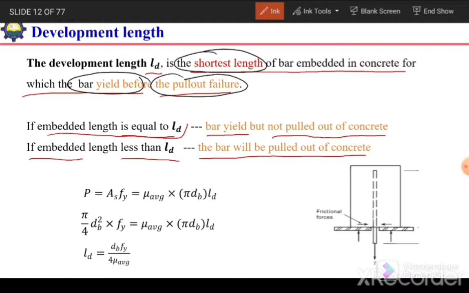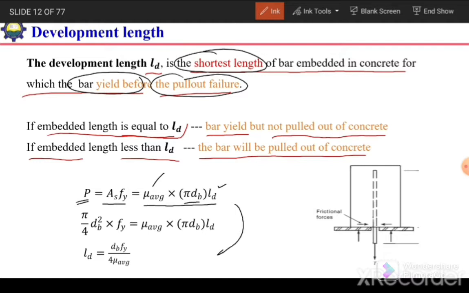For the ideal design, as we said earlier, the load will be equal to AS Fy, the yield strength of the bar times the area of the bar, and the resistive load will be equal to the average bond stress multiplied by the surface area of the bar. Here the surface area of the bar is the perimeter of the bar times the development length.